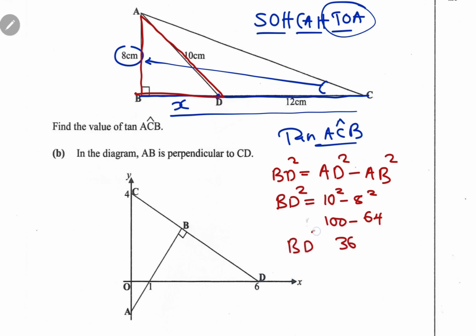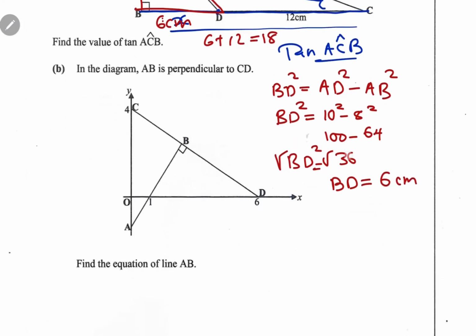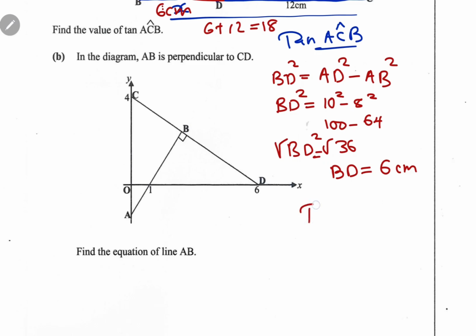So BD squared, square root, BD is equal to 6 centimeters. Now, since we want to use the whole base, we are going to have 6 plus 12, that is 18. Yes. Now that we have that, we can say tan ACB.